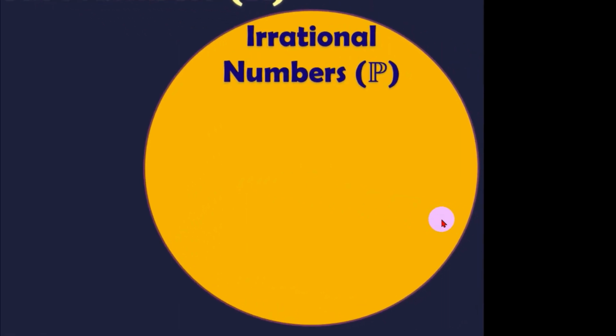When we have an irrational number, it means that we have numbers that cannot be expressed into a ratio, wherein there is a numerator A and a denominator B. Kapag hindi daw natin siya ma-express into fraction form, therefore it is an irrational number. All right? So these are examples of irrational numbers.